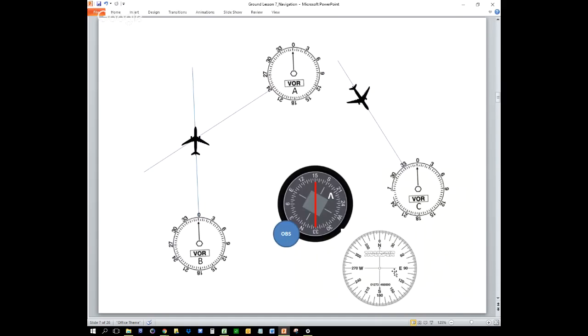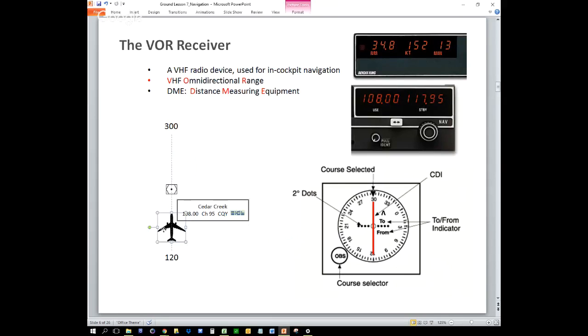Now, if you remember in this example, I told you that if the airplane is on or aligned with the radial that you've selected, in this case the 300, your course deviation indicator will be in the center.